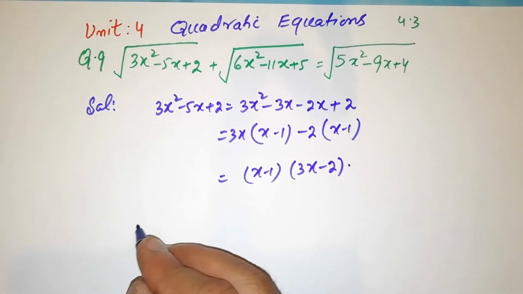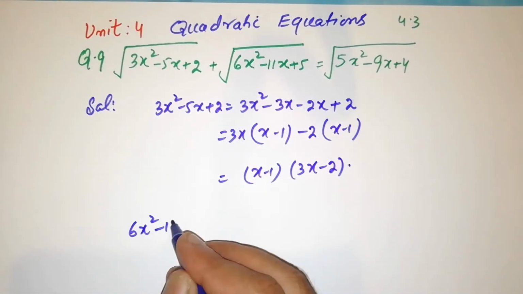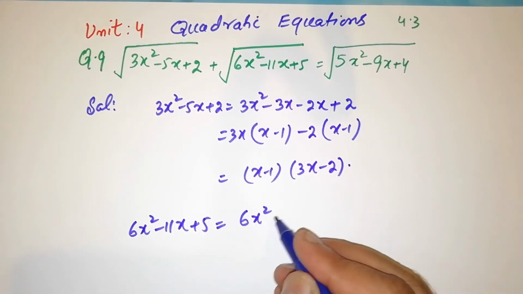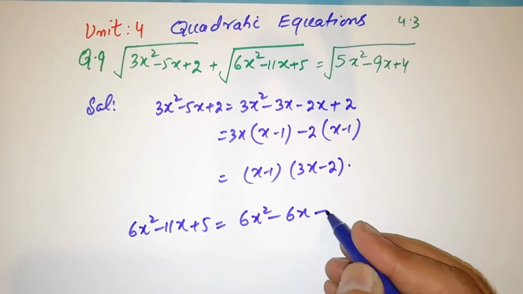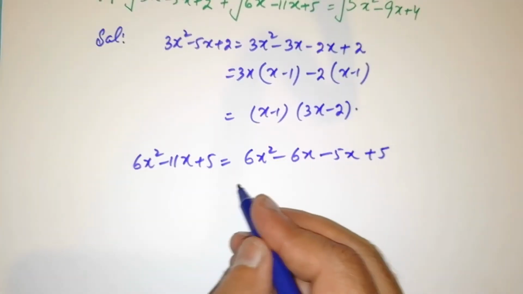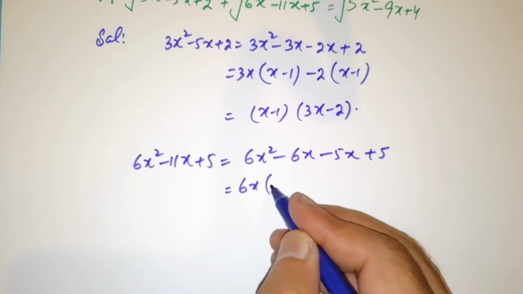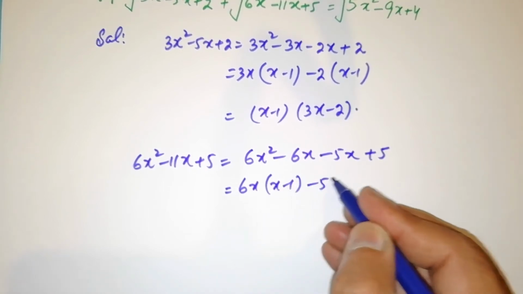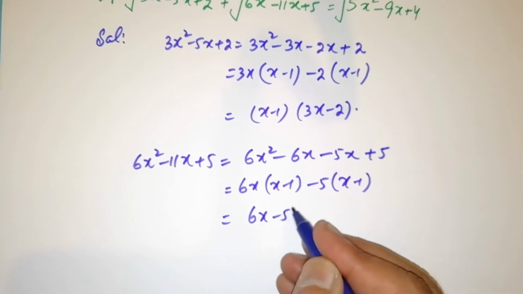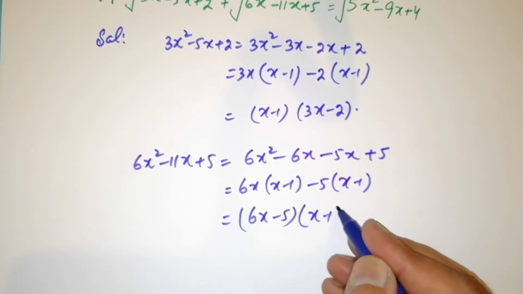Now we take second term, that is 6x square minus 11x plus 5. Therefore 6x square minus 6x, 5x plus 5. You see 6x कॉमन ले लें, x minus 1 minus 5 कॉमन ले लें, x minus 1. So 6x minus 5 and x minus 1.